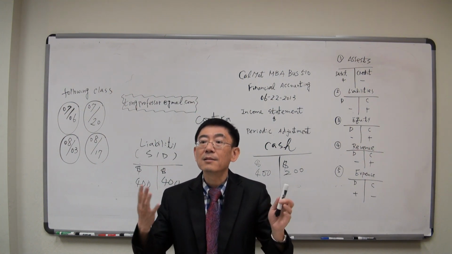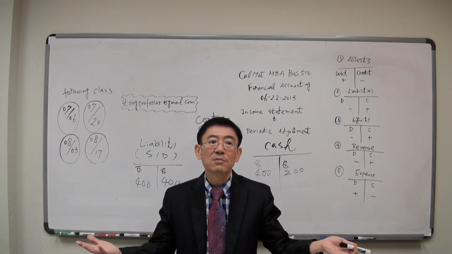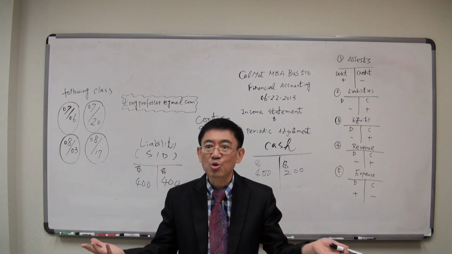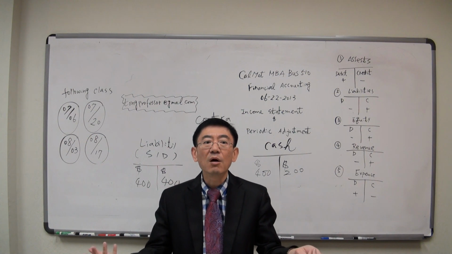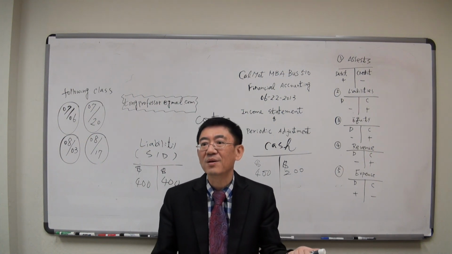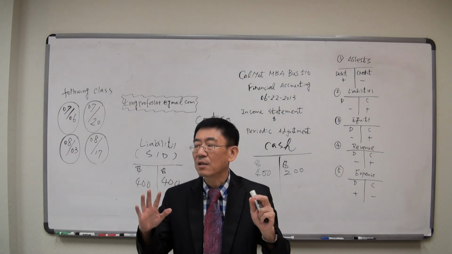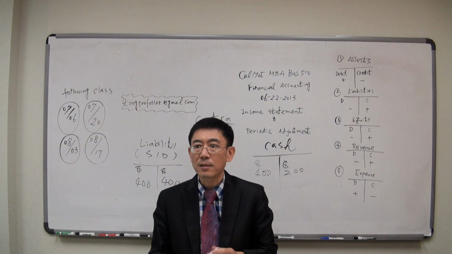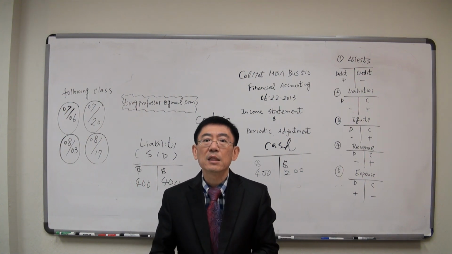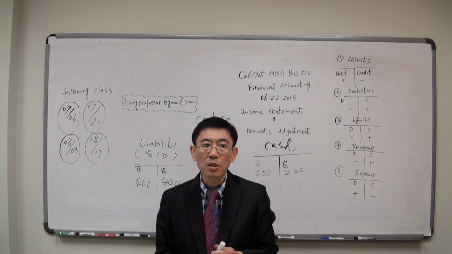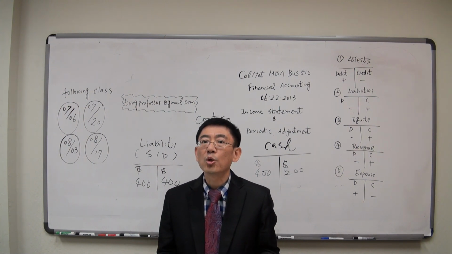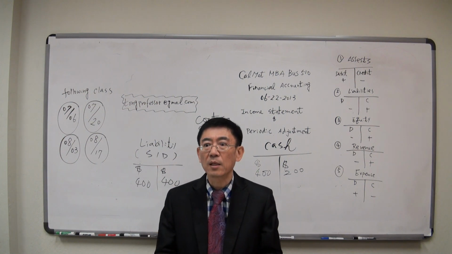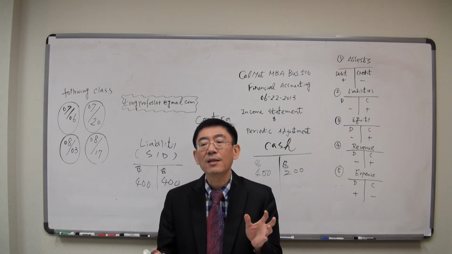All right, and supplies is something you have to consume, like printing paper. You will not resell printing paper. So this kind of item you put as supplies. And supplies, number one, are not subject to depreciation. Number two, you don't resell them. And number three, usually you will consume them within the period, but not necessarily.